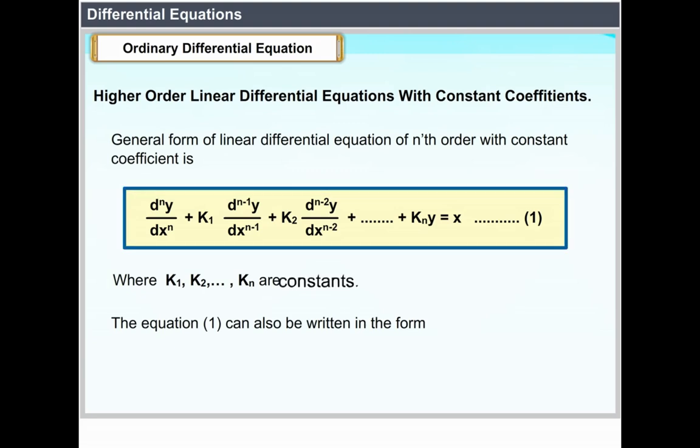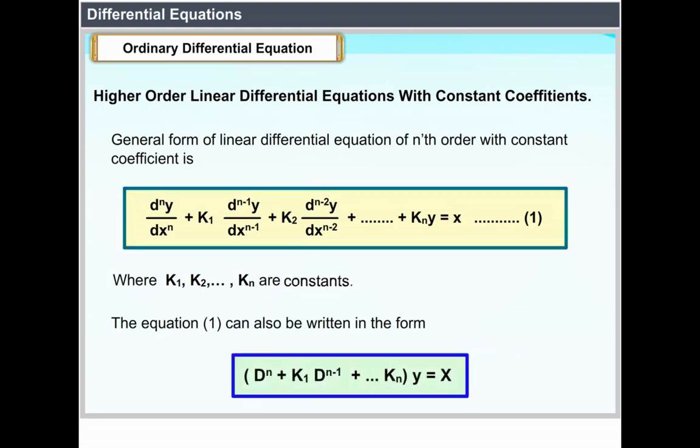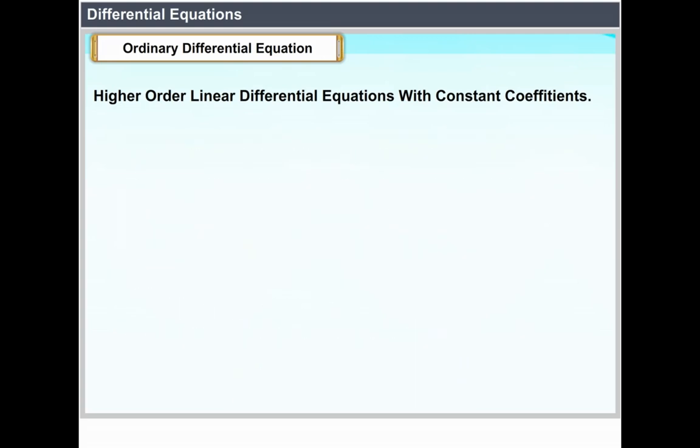Equation 1 can also be written in the form (D^n + k1 D^(n-1) + etc. + kn) y = X.